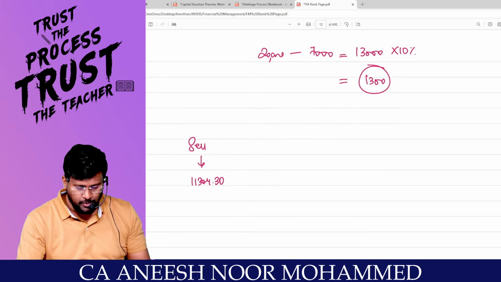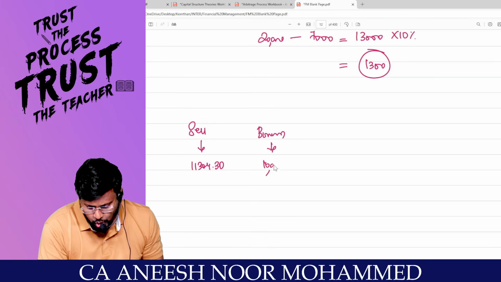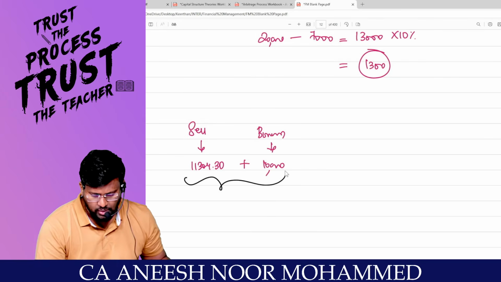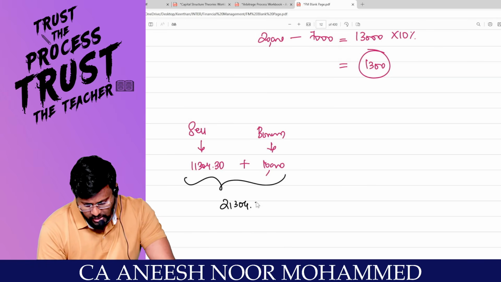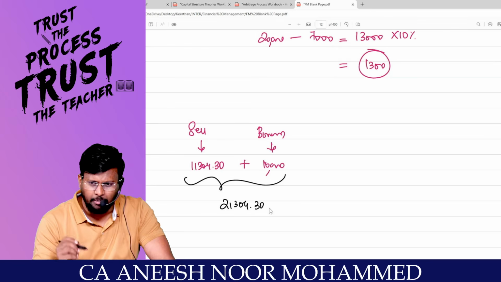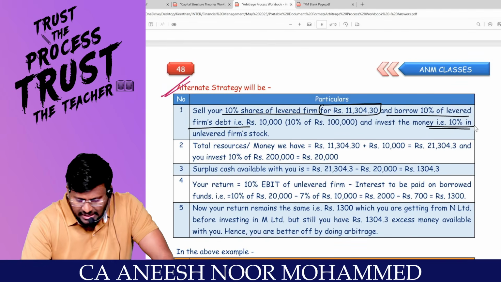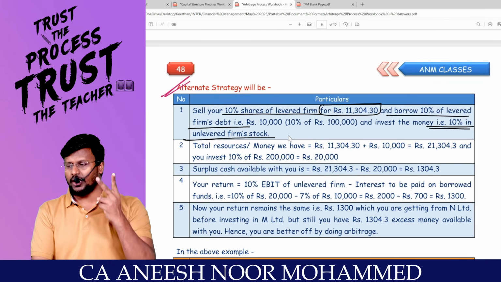So borrow 10% of it. So 11,304 plus 10,000 comes to 21,304. 3 rupees will be there in your pocket. And invest the money, that is 10%, in the unlevered firm stock. What is the value of the unlevered firm? 2 lakh.